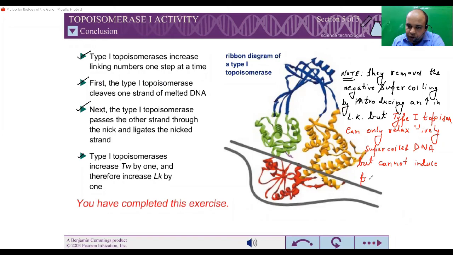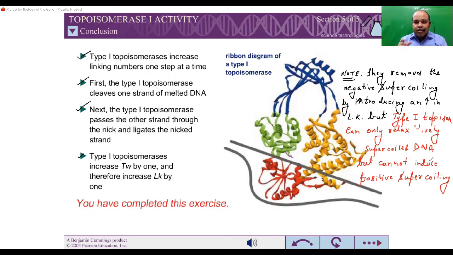They can never induce positive supercoiling. They cannot induce positive supercoiling within the DNA structure. So they are never going to introduce positive supercoiling within the DNA ultrastructure.